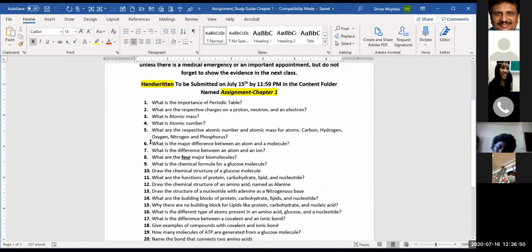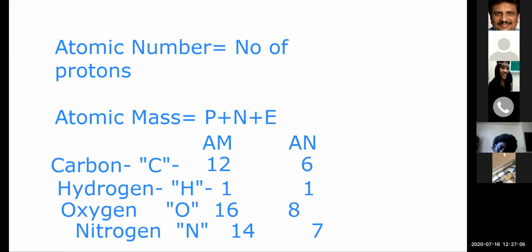Now, sixth is, what is the major difference between an atom and a molecule? So let's say an atom.